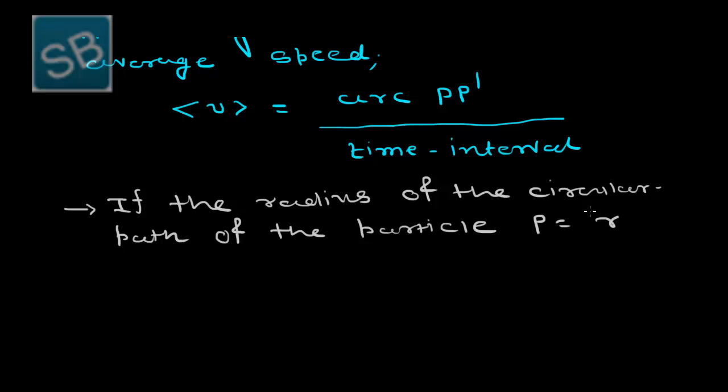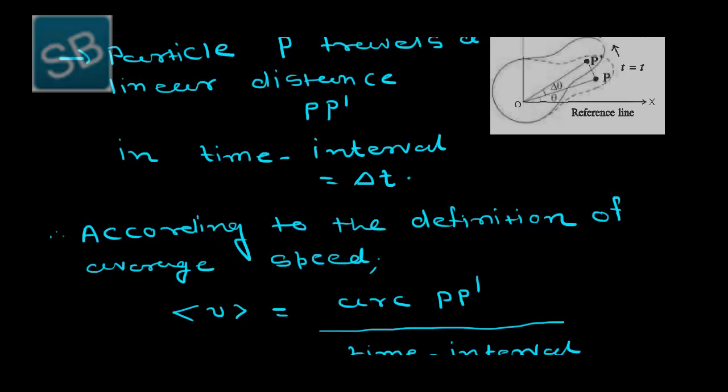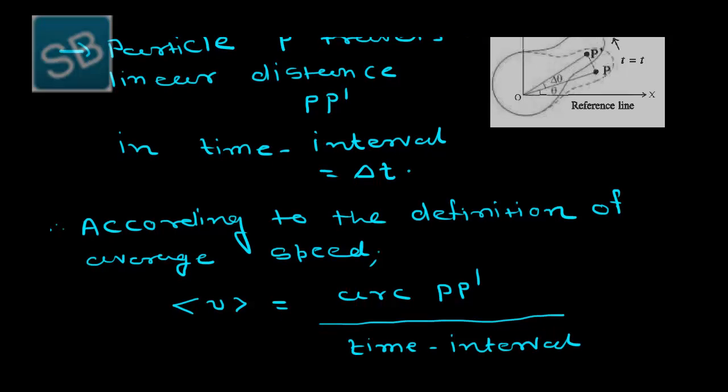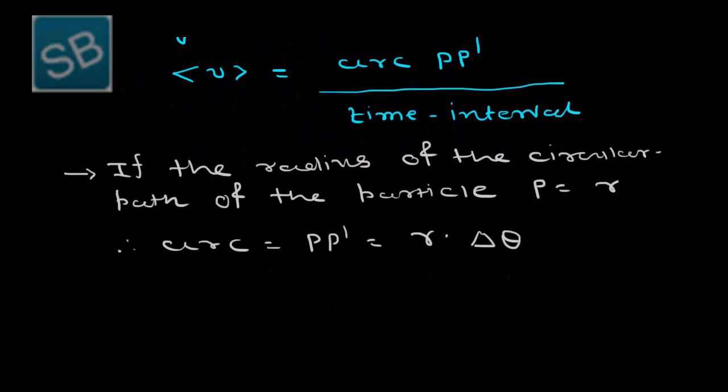Then I can define its arc PP dash as r into delta theta, because radius into the displacement. So see, there is a change in the angle as delta theta, and the radius we have considered as small r.